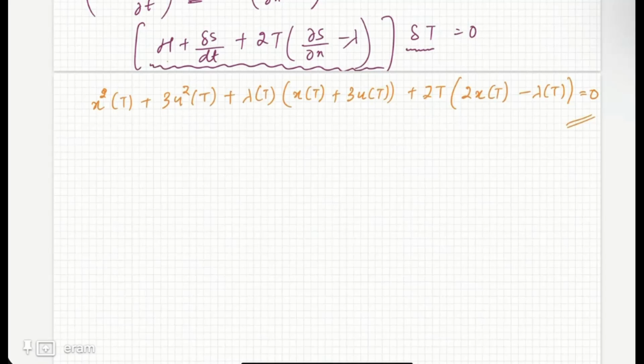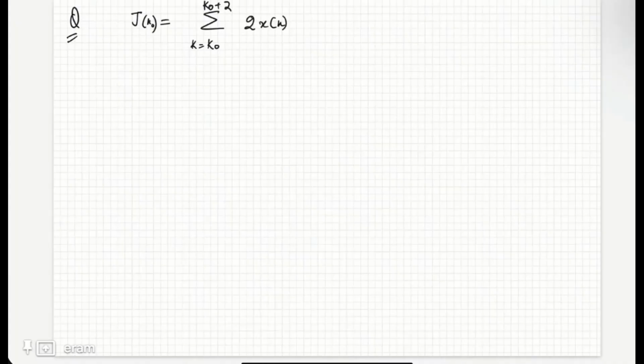Okay, let's do one problem on discrete time systems. Then we will stop. Consider the cost function J, given as the summation with k varying from k naught to k naught plus 2 of x of k plus 1 x square of k plus 1.